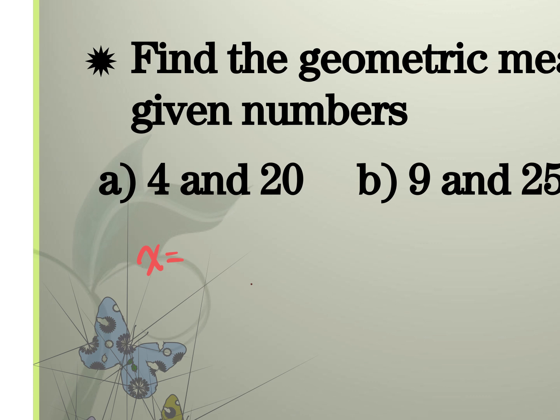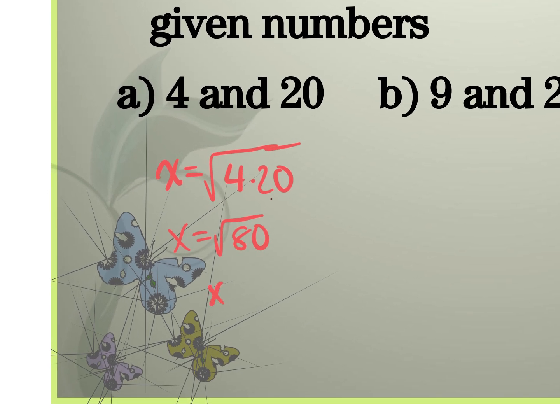You multiply them, so let's do 4 times 20. But we also had to do something else to them. Take the square root of that. So it's going to be the square root of 4 times 20. What is 4 times 20, guys? 80. So X equals the square root of 80. Use those calculators. What is the square root of 80? It's 8.9.